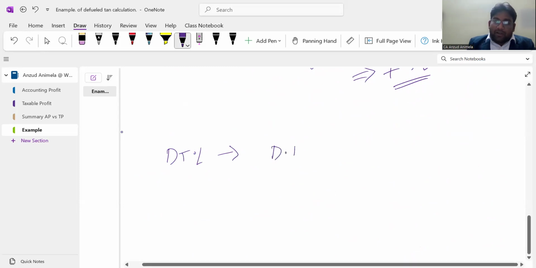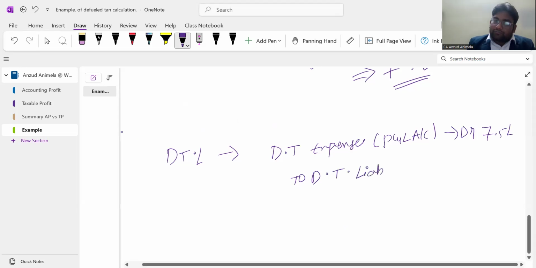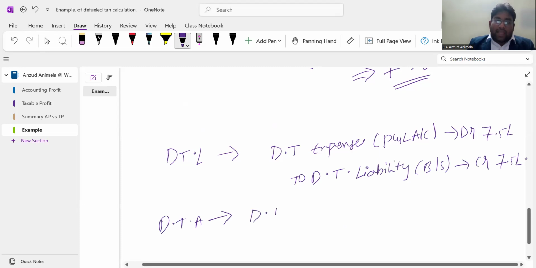The entry would be deferred tax expense, P&L account, debit 7.5 lakh, to deferred tax liability, balance sheet, credit 7.5 lakhs.